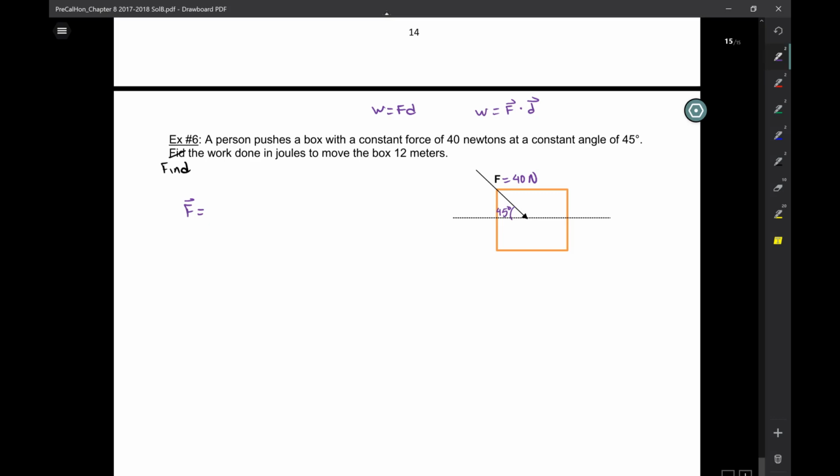Force is 40 cosine 45, and then negative 40 sine 45. Is that right? Because the vertical component is downwards. The distance, if it's moving 12 meters, is 12, 0.